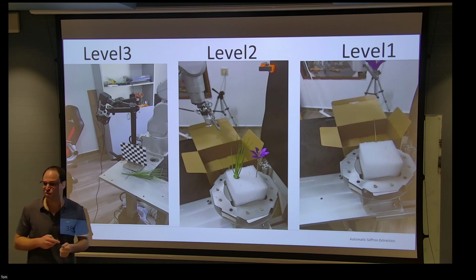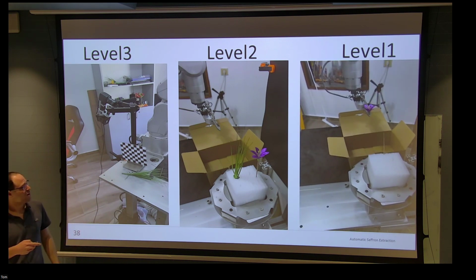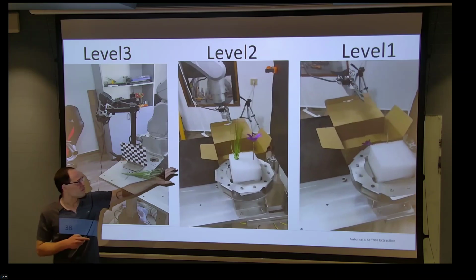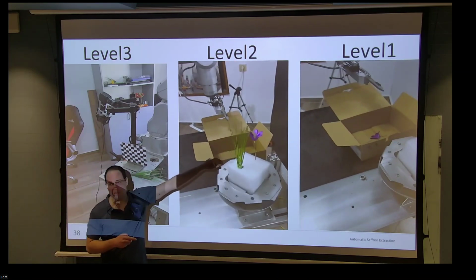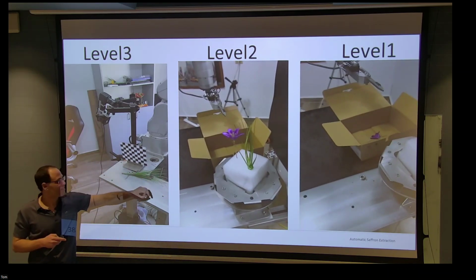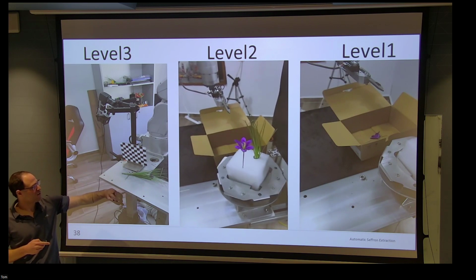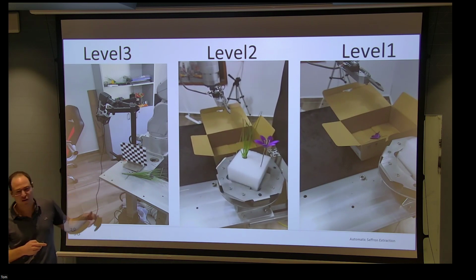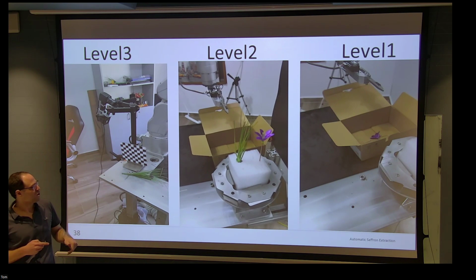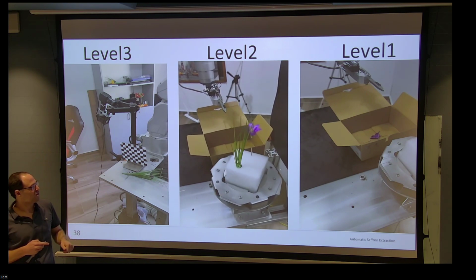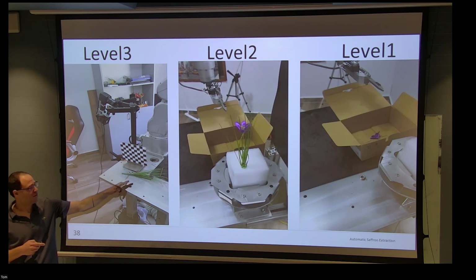The second one is this same flower but with occlusion. Okay, and we want to see that the robot knows to bring it to a position where the occlusions will not make problems and not be an obstacle.